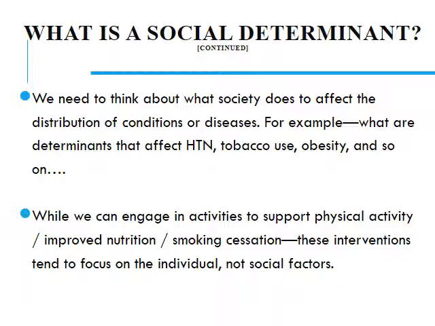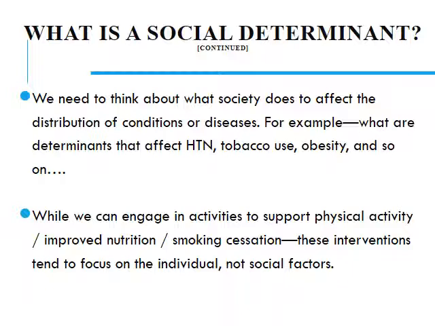We need to think about what society does to affect the distribution of conditions or diseases. For example, what determinants in society affect hypertension, affect tobacco use, obesity, and so on? And while we can engage in activities to support physical activity and improve nutrition and giving up smoking, interventions often focus on just individuals themselves.